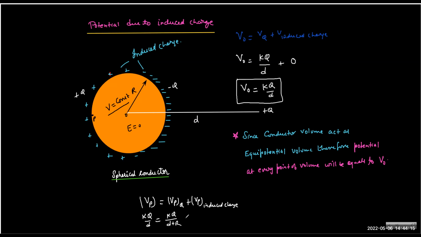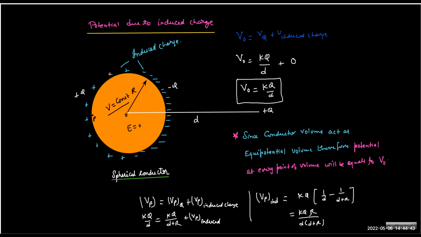So the potential contribution due to the induced charge will be how much? You can get the answer. The induced charge will contribute K times 1 by D minus 1 by D plus R, which is KQR upon D into D plus R. I hope this is clear.